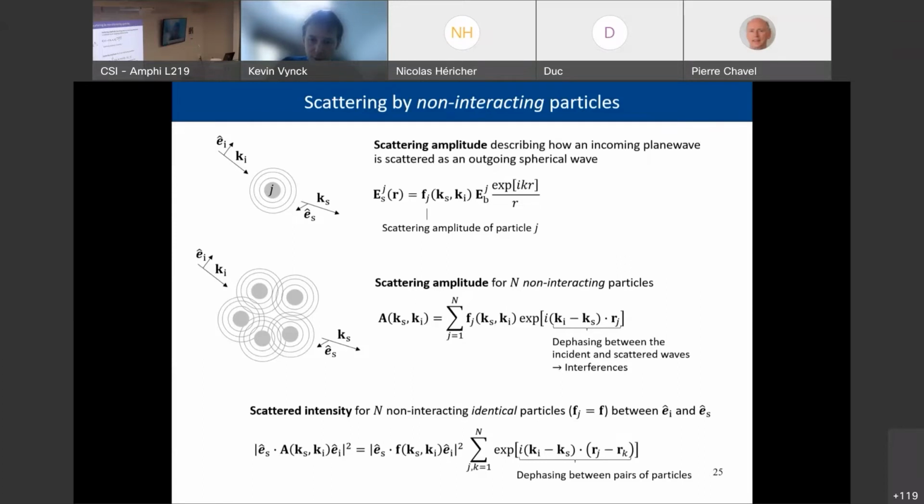You see that this term here, the dephasing, depends on the difference in position between the two particles, Rj and Rk. Now, this is the scattered intensity, and this scattered intensity for one realization will give you a speckle. Okay, the speckle is directly due to this term that is here that creates this interference.